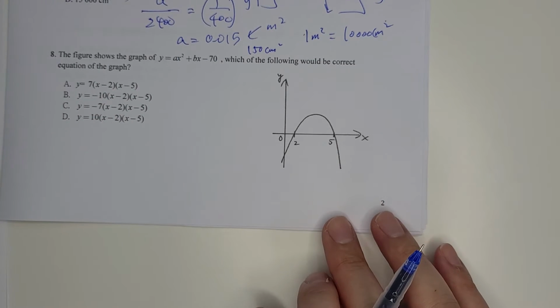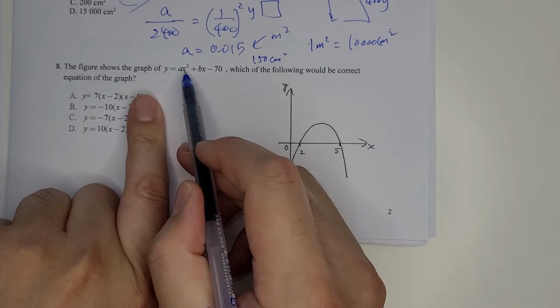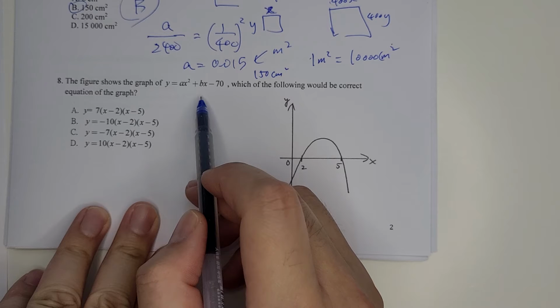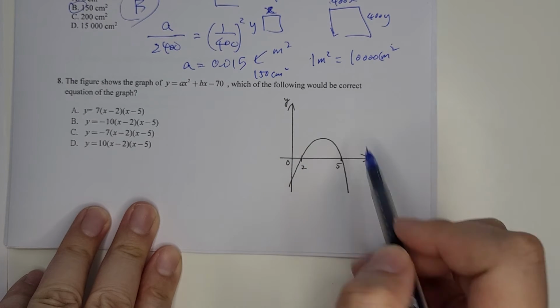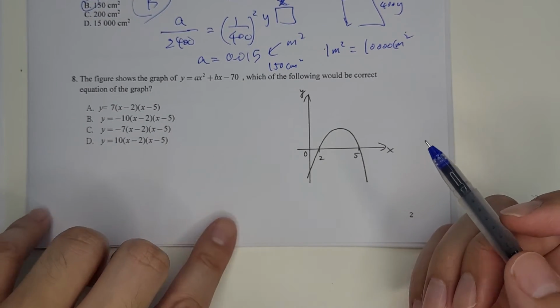So go to question number 8. The figure shows the graph of this one. Okay, you can see there's a quadratic graph, ax squared plus bx minus 70. Which of the following would be the correct equation? Okay. Now try to substitute some number in there.